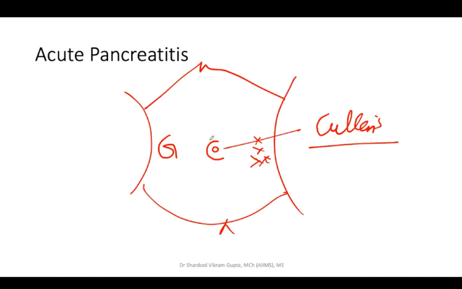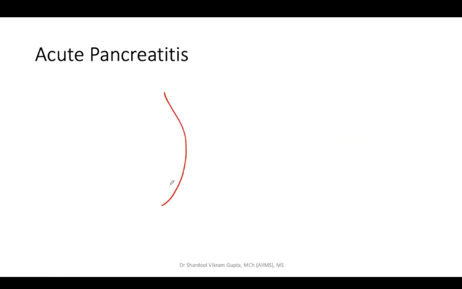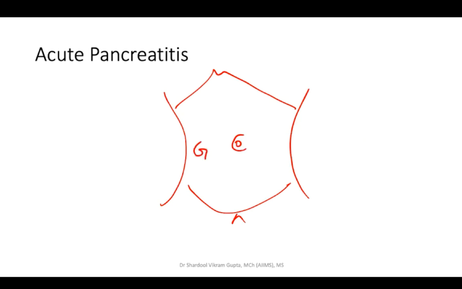Once it stains the abdominal wall at the umbilicus, there will be bluish discoloration there, and this is known as Cullen sign. And once it stains the flank region, then it is known as Grey Turner sign. So Cullen sign and Grey Turner sign are seen in acute hemorrhagic pancreatitis as well as retroperitoneal hemorrhage.